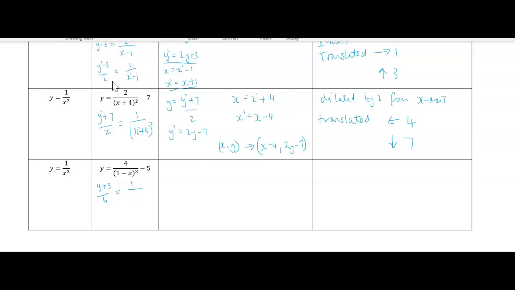And then we have 1 on, I'm going to put 1 minus x cubed for now. You can take that negative out. So if I took that negative out, I'm going to be left with negative x minus 1.